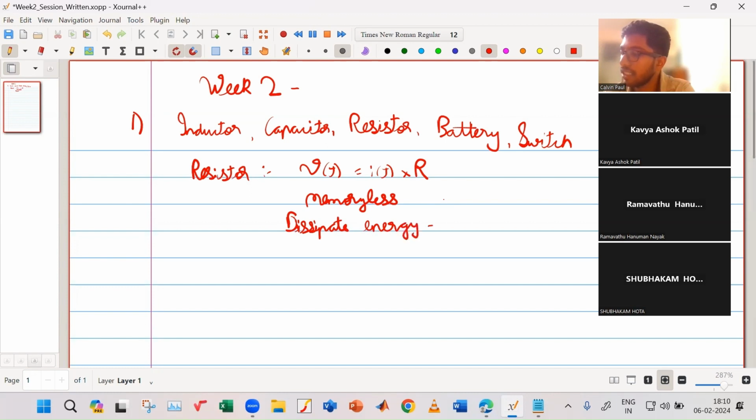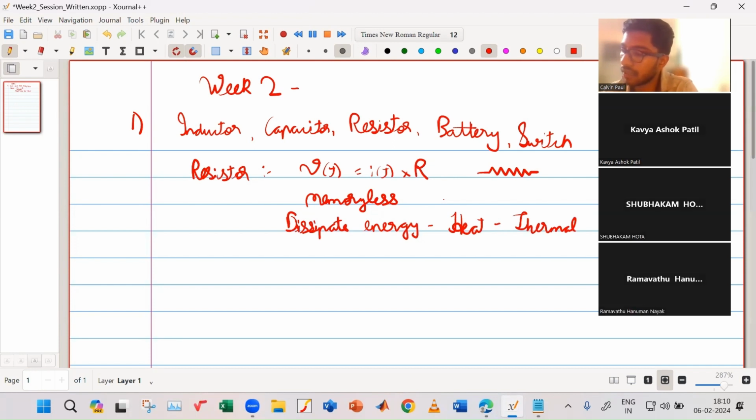And that energy comes out in the form of what? In the form of heat. So it comes out as heat, which is thermal energy. That is for a resistor. Its symbol is given like this, and it's a two-terminal device.